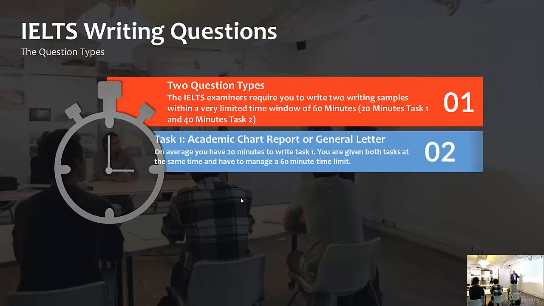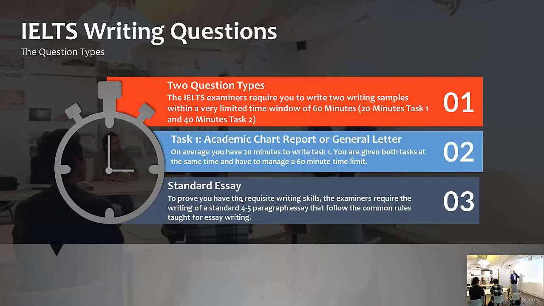So for the IELTS exam, there are two question types that you have. For task number 1, if you're doing the academic exam, it's going to be a chart or a report, or possibly a map or a process. If you're doing the general exam, you're going to have to write a letter, and that could be a formal or informal type of letter.